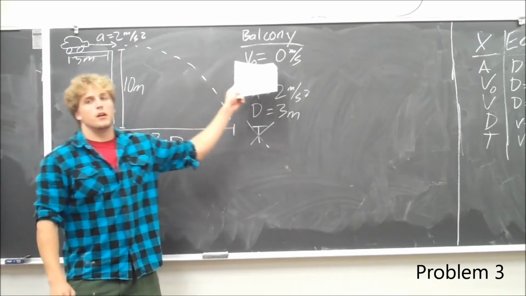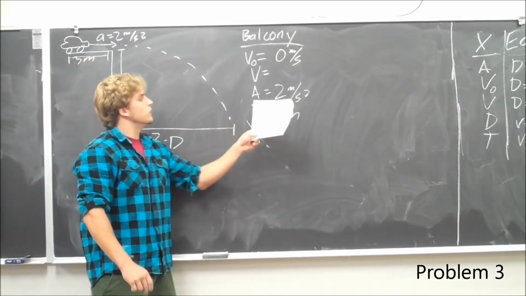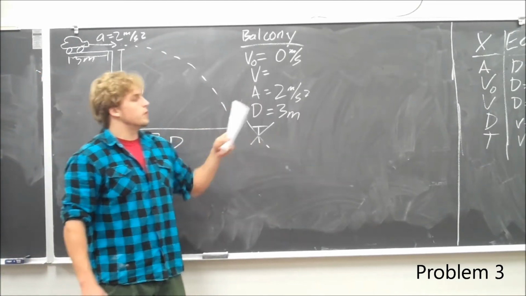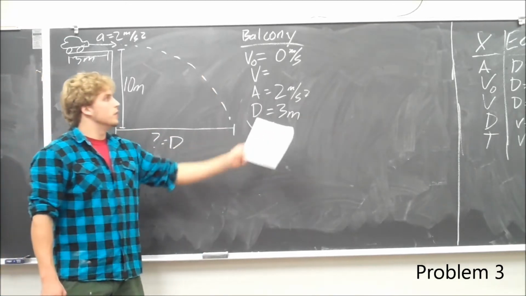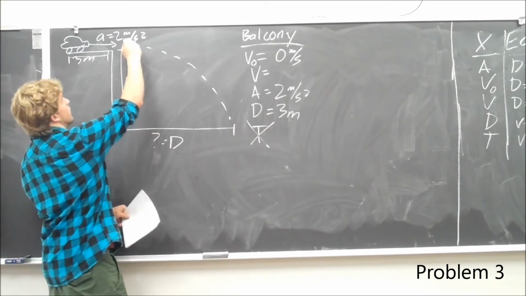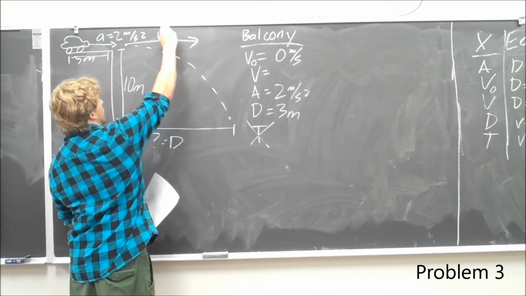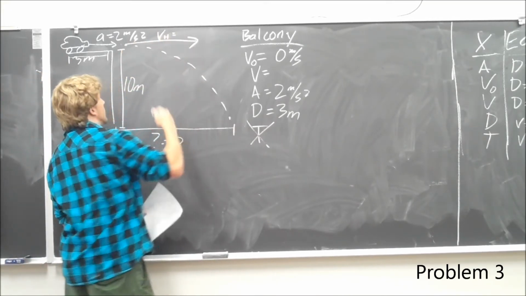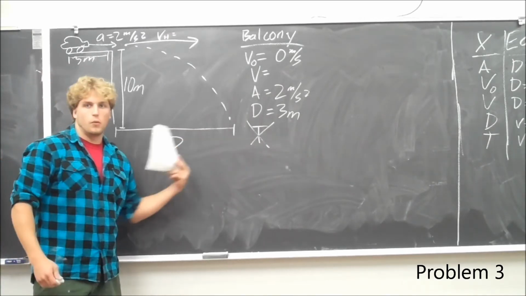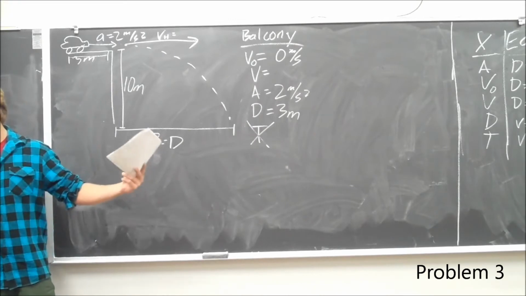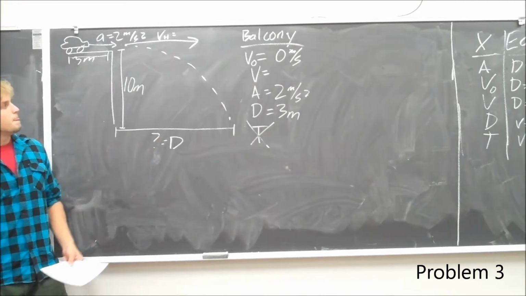That tells me that V naught is 0. Then acceleration is 2 meters per second squared, and the distance of the balcony is 3 meters. And I want what the V horizontal is equal to, so I can give it a shot at figuring out what this distance is that it shoots off. I know I'm going to need that, right?